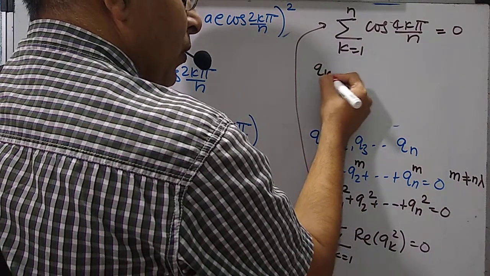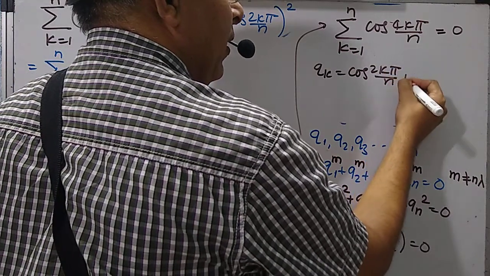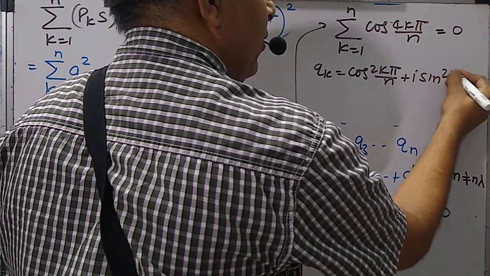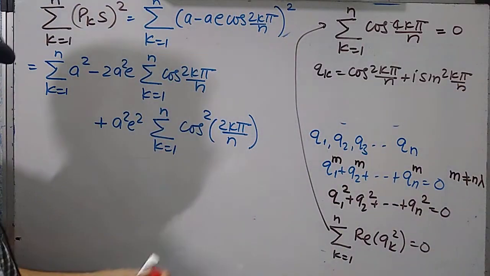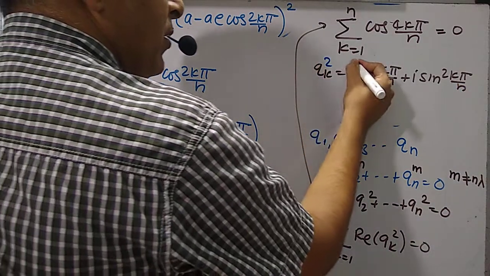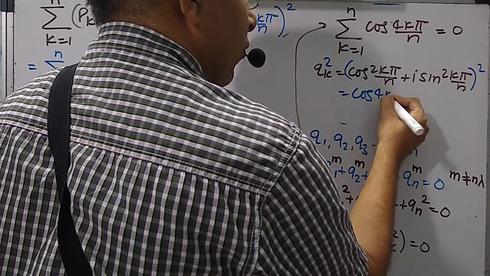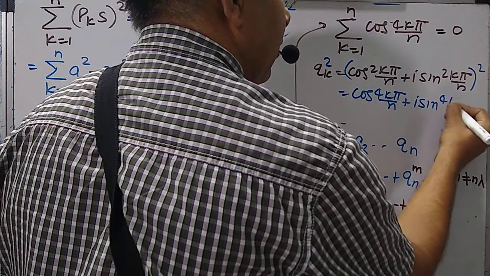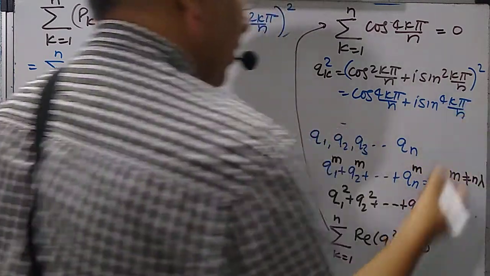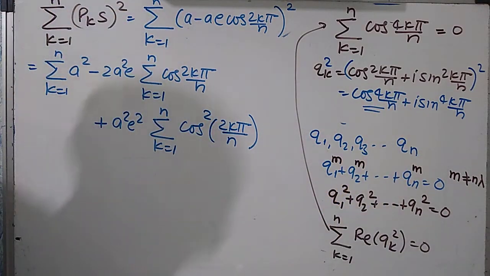Because qk is cos 2k pi upon n plus i sin 2k pi upon n. So what is qk square? qk square means this whole square. So we get cos 4k pi upon n plus i sin 4k pi upon n. So the real part is this quantity and it becomes 0.